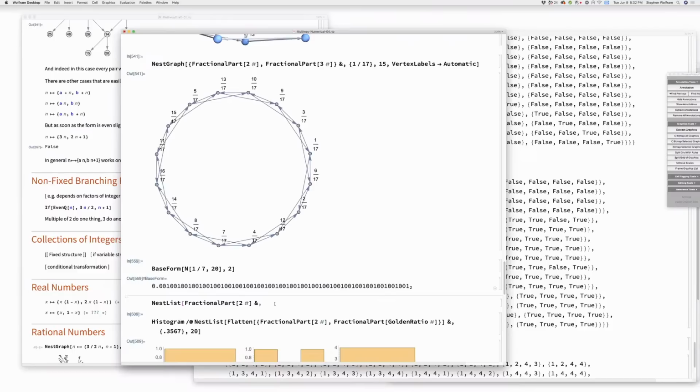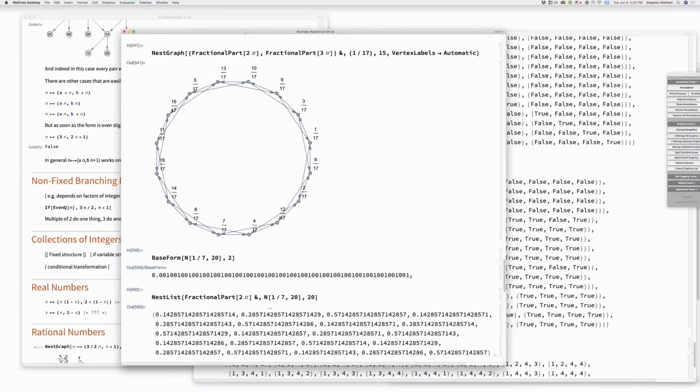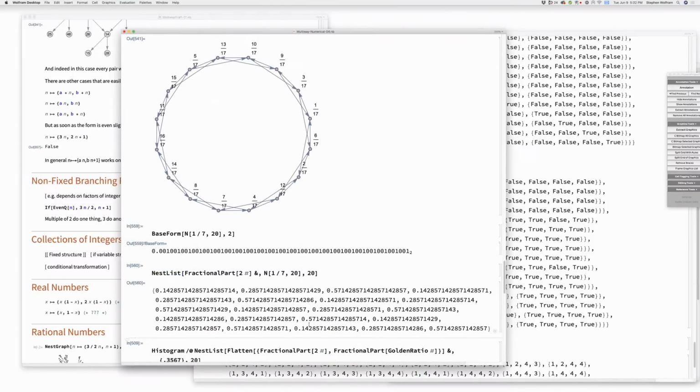I don't know. But anyway, so if we do that, and we look at this here, okay, so we're going to do this, and we'll then say 20 steps or something here, then what we should find is that the leading digit here, so if it's greater than a half or less than a half, will be just a map of this thing here.